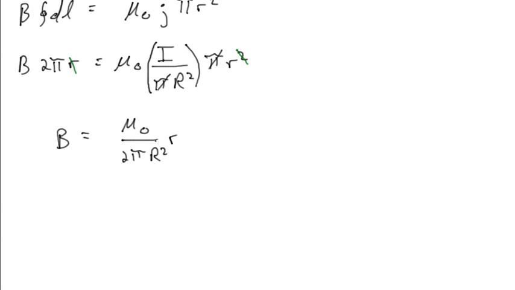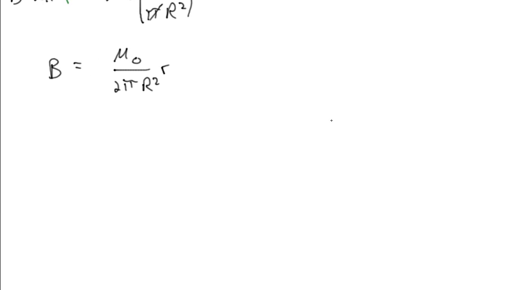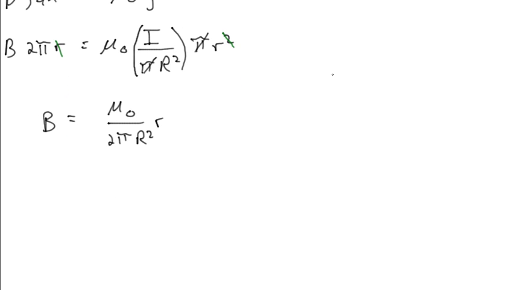So the farther out I am from the center, the more current is passing through the Amperian loop, where how far I am out from the center determines the radius of the Amperian loop, and the stronger B. So B grows linearly with r out from the center.